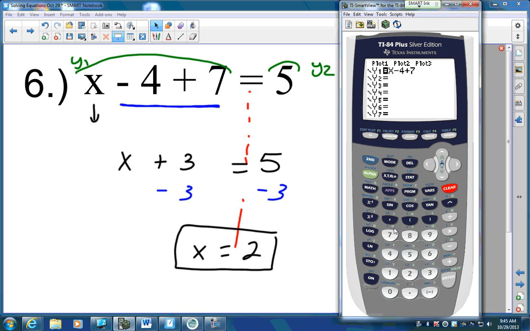And in y2, I'm going to put in there 5. So now I'm going to press second graph. I think the answer is 2. I'm going to go down here to where x is 2. y1 and y2 are both the same numbers. That means that I am correct.